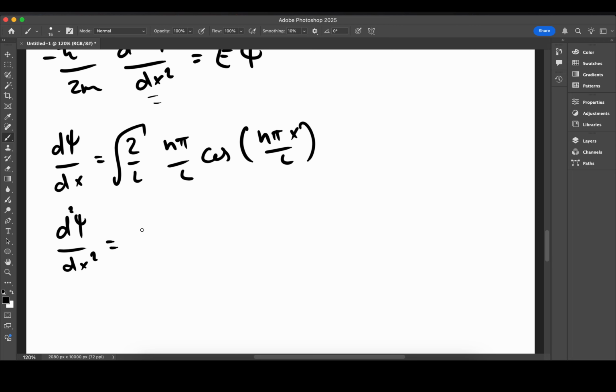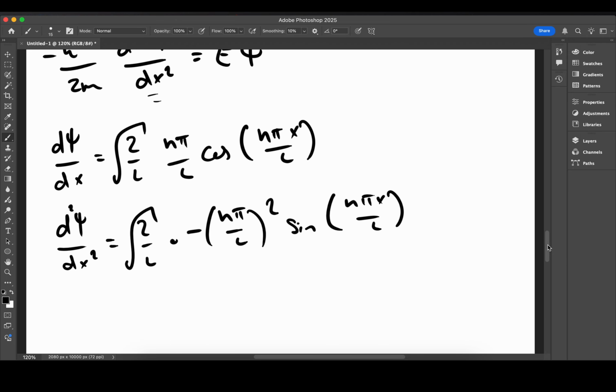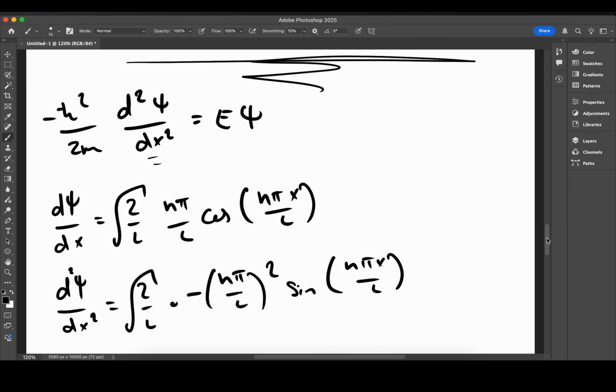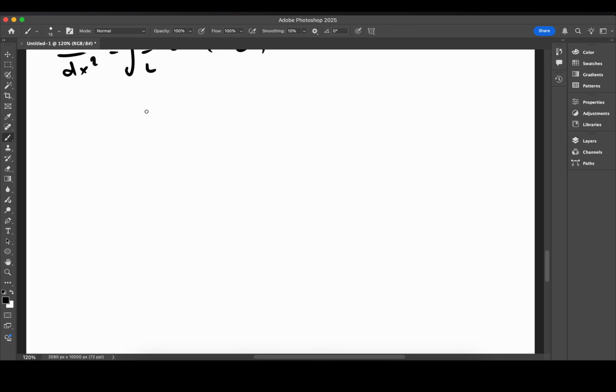The second derivative is then root 2 over L times negative n pi over L squared, and then the sine of n pi x over L. Now we have our second derivative. We just plug everything in now. We'll see that a bunch of factors cancel, and we can just have something for E.